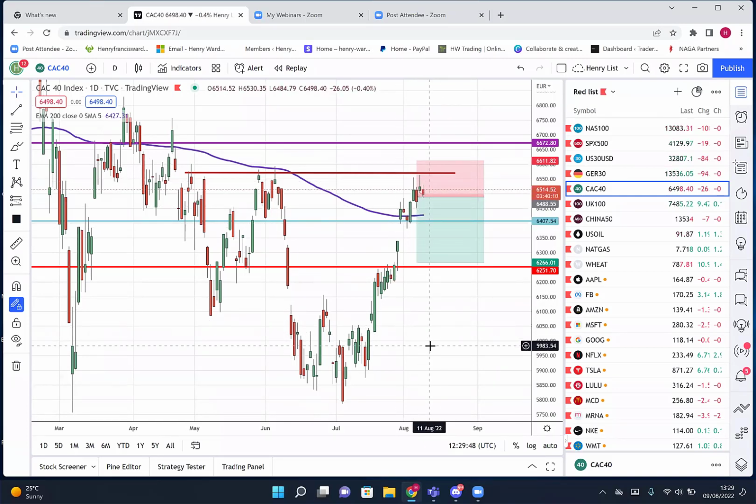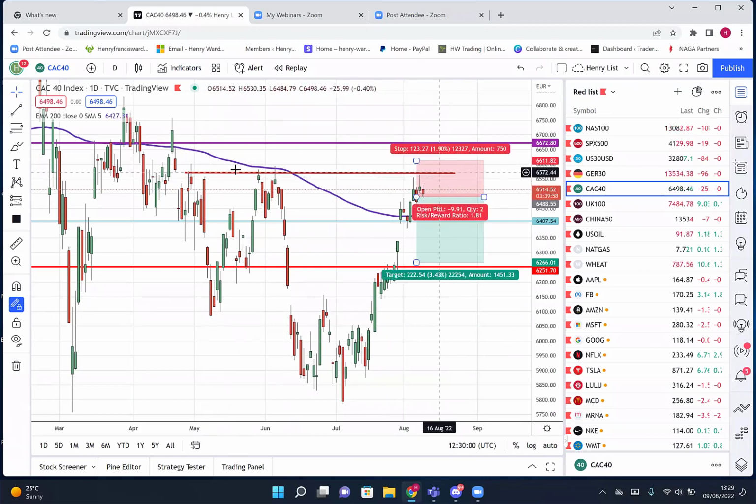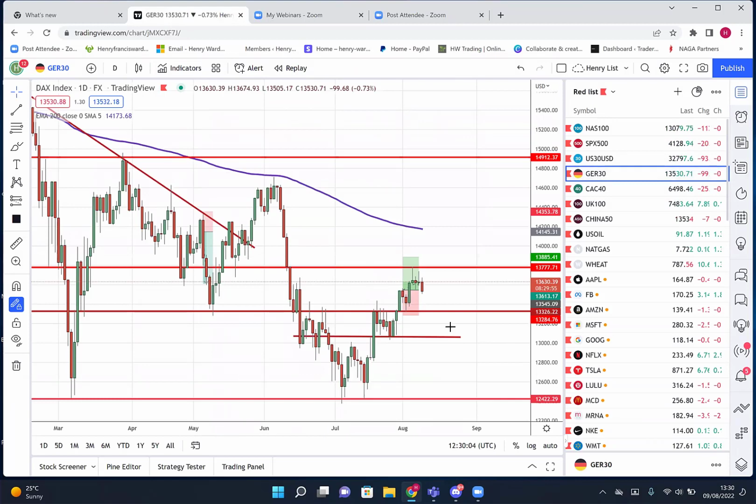I know the French CAC is not something that we've massively traded lately. Why? Because it just keeps gapping and there's no sort of real trend to it. So at the present moment, I'd be inclined to stay away from it. But again, there's a better trade there than there is on the German DAX. The French CAC looks like it has more momentum to the upside than the German DAX.